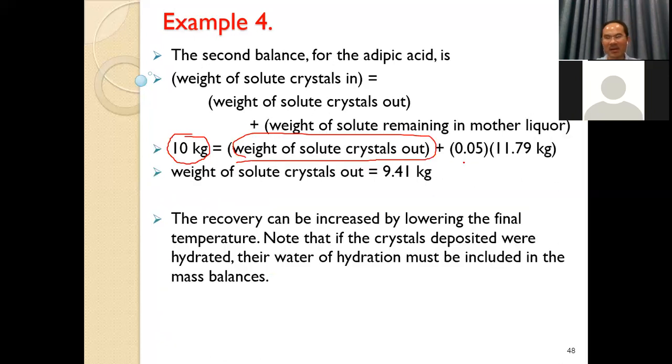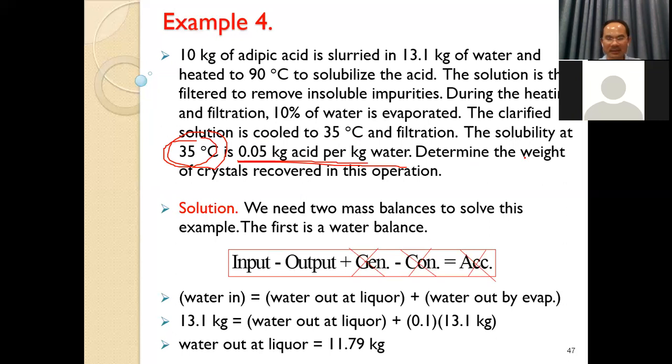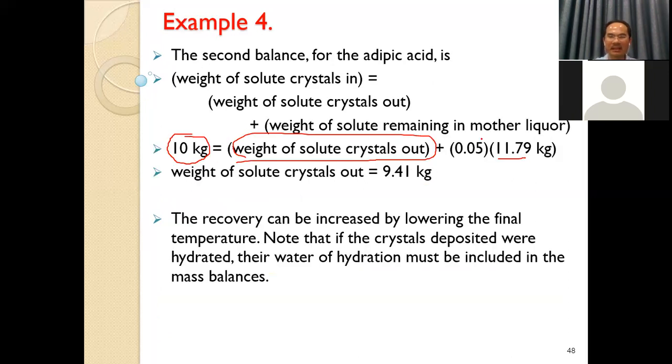So we get 0.05 multiplied by 11.79, and this is water. Because 0.05 is kilogram of adipic acid per kilogram of water, you multiply by the kilograms of water and get kilograms of adipic acid. Then you can solve for the weight of solute in the crystal. Finally, the amount of crystal is 9.41 kilograms. The initial is 10, but you can crystallize 9.41 kilograms.